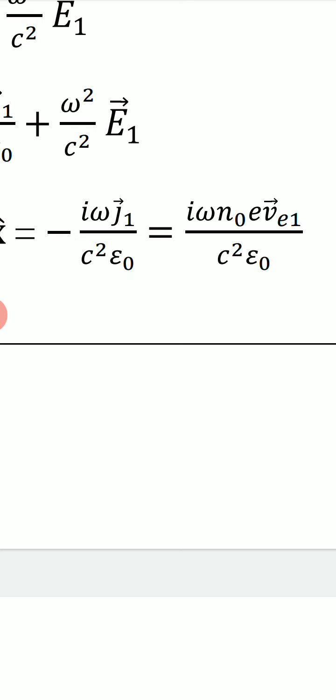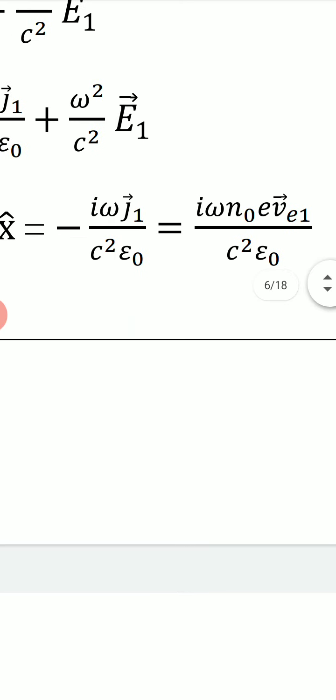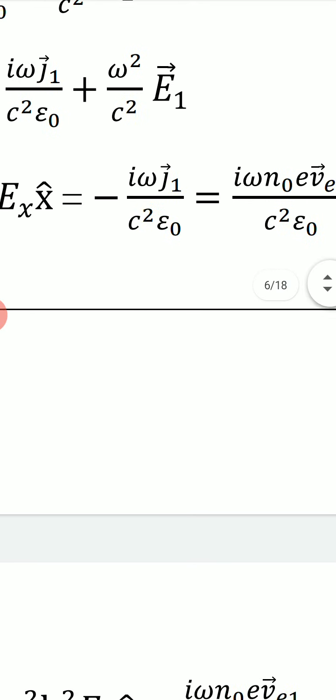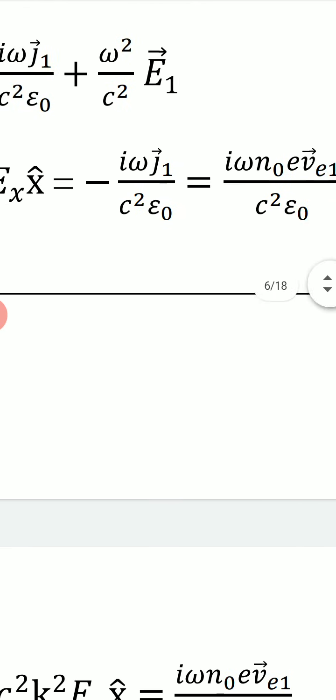It is the current density due to electrons, and j1, the current density for electrons, is minus n0 e ve1. n0 is the number of electrons per unit volume, minus e is the charge on the electron, and ve1 is the velocity of the electron. So for j1 we write minus n0 e ve1.